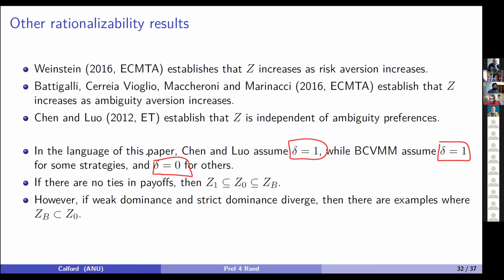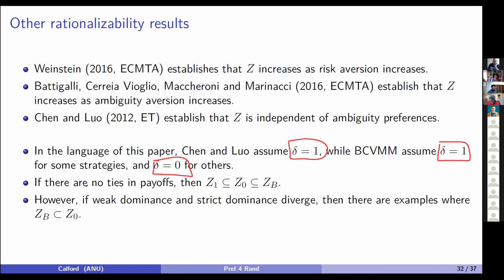They argue that any strategy which could provide you a hedge, you should write into the strategies of the game. For those strategies, you can hedge against ambiguity. Anything that's not given to you as an explicit mixed strategy, they assume delta equals 0.